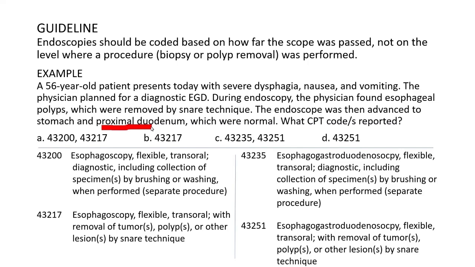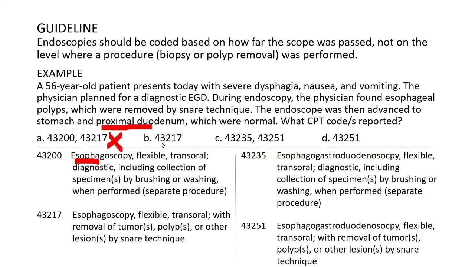So here it would be coded as esophagogastroduodenoscopy. Coming to the options, option A, 43200, says esophagoscopy. So definitely it's not esophagoscopy, it is esophagogastroduodenoscopy. So option A is incorrect.